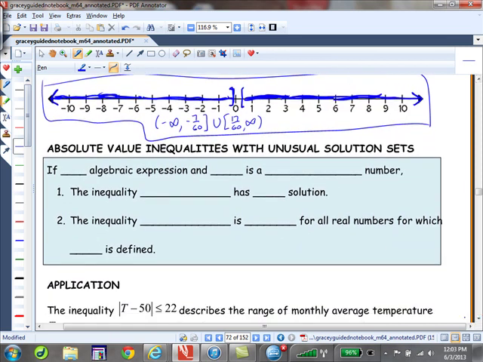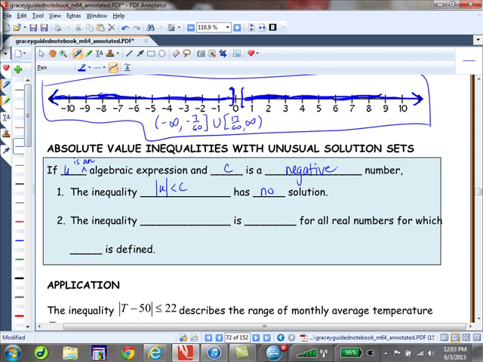Absolute value inequalities with unusual solution sets. If u is an algebraic expression, and c is a negative number, the inequality absolute value of u less than c has no solution.